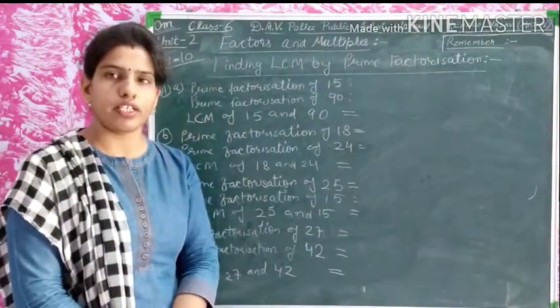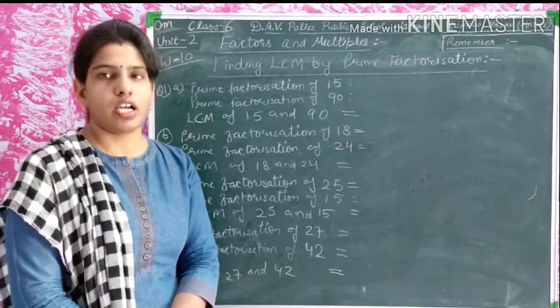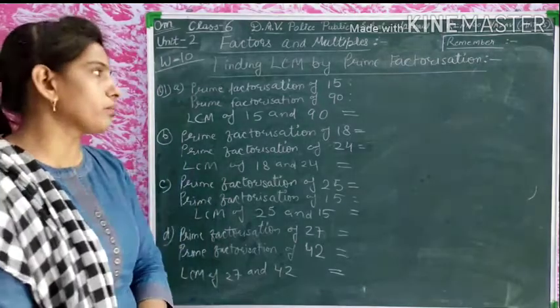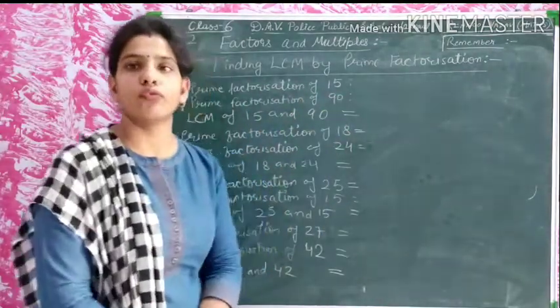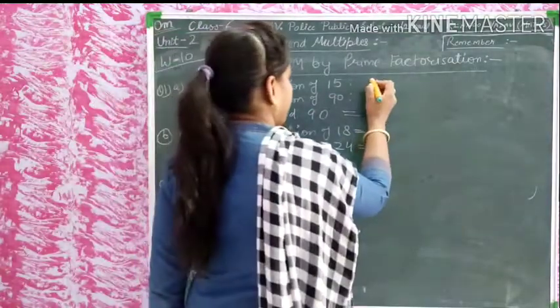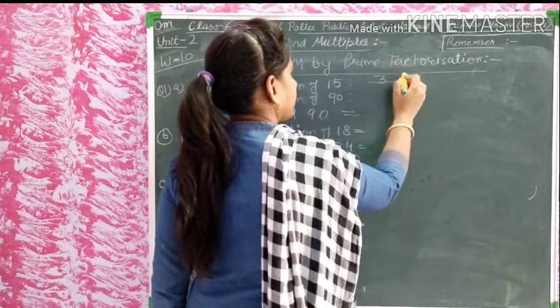We have already done prime factorization by the factor tree method and the division method. So what will be the prime factorization of 15? Prime factorization of 15 is 3 into 5.